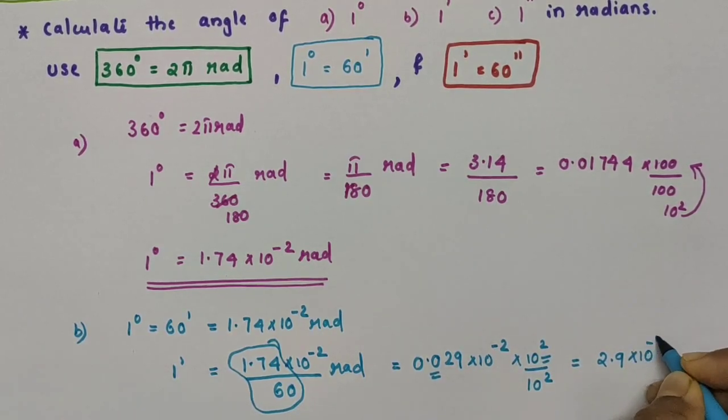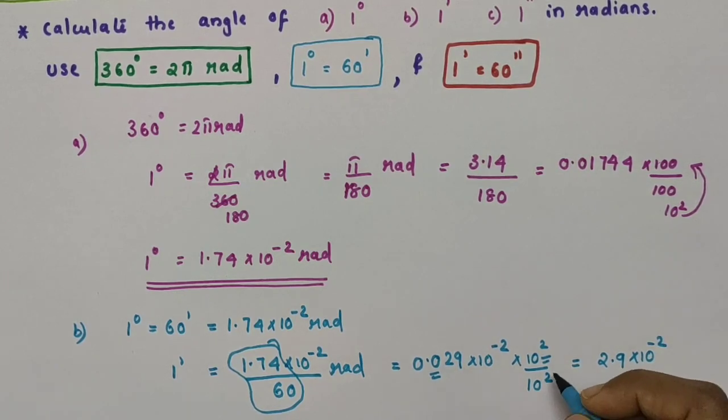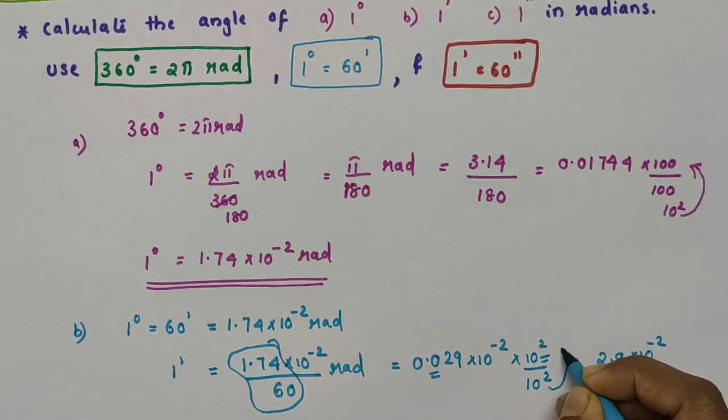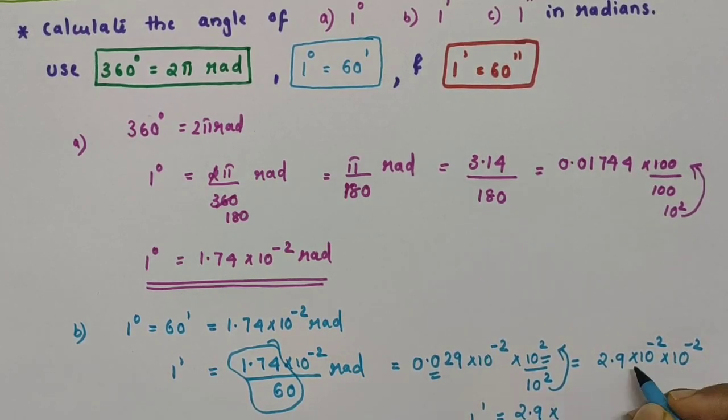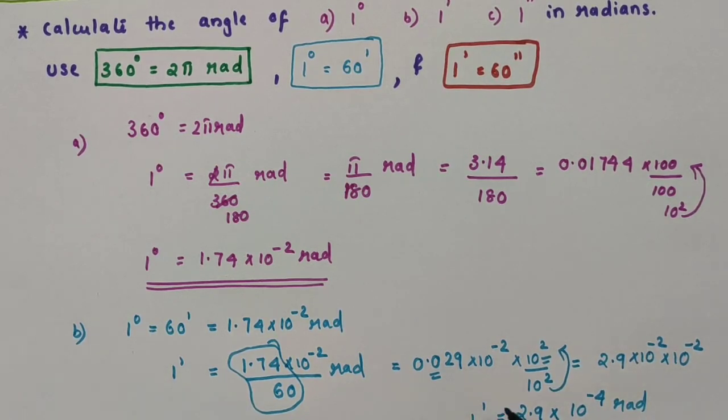Now I am multiplying with 10 square and dividing with 10 square. 0.029 into 10 square will be equal to 2.9, and we have 10 raised to minus 2 and 10 square in the denominator. Taking this 10 square from the denominator to the numerator, it becomes 10 raised to minus 2. So 1 arc minute is equal to 2.9 into 10 raised to minus 2 into 10 raised to minus 2, that is 10 raised to minus 4. So 1 arc minute is equal to 2.9 into 10 raised to minus 4 radian.